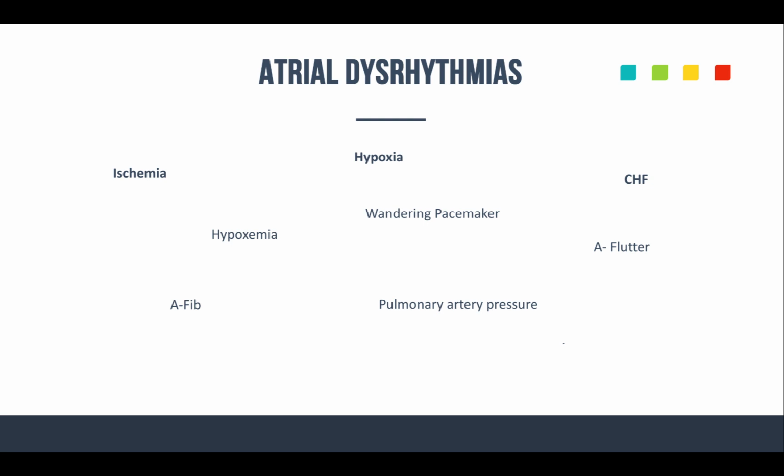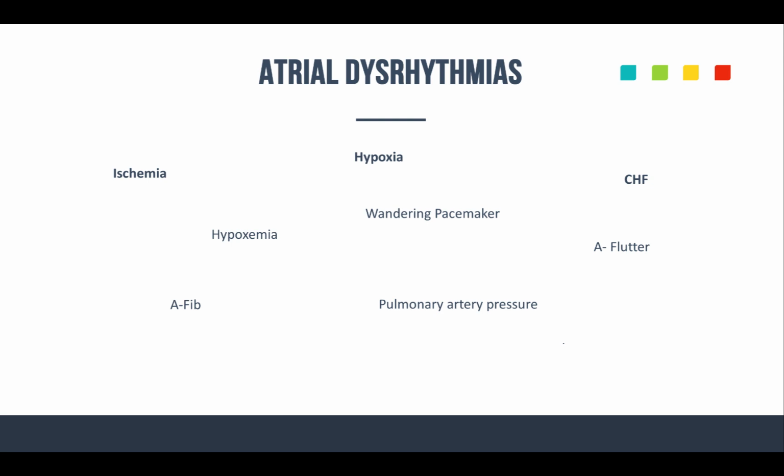The hypoxia, I listed hypoxemia here too, that's just me writing it twice. But anyway, you get these CHF patients, the wandering pacemaker. What else is going on with your patient? While I'm listing some of the things you might see, AFib, A-flutter, what's causing it? Is there something going on with your patient that might be causing it?